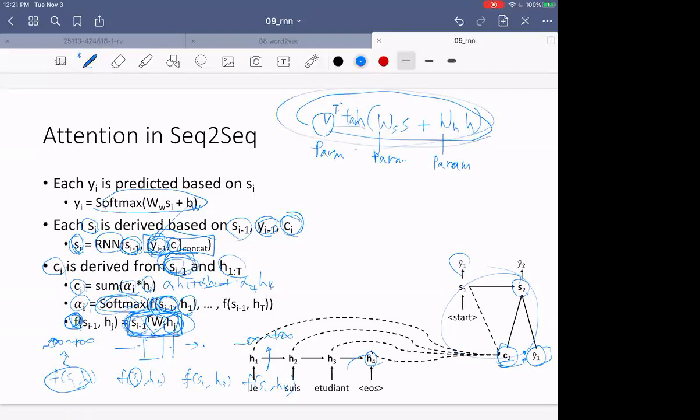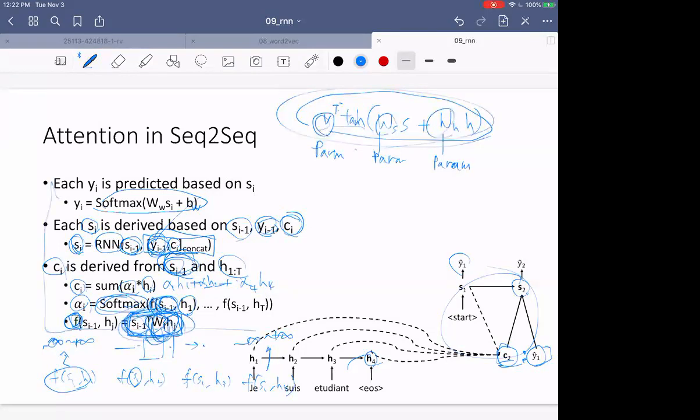Both work okay. Obviously this formulation requires 1, 2, 3 learnable parameters, while this formulation requires only 1 learnable parameter. So you should probably use this. Right, so I hope this is all clear.